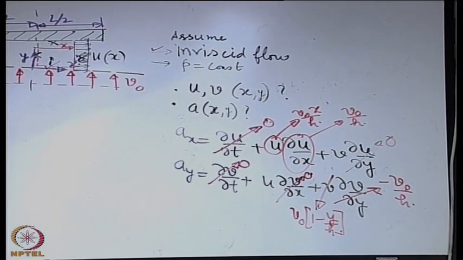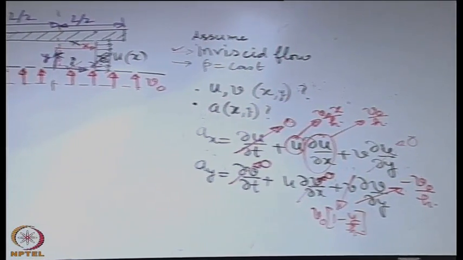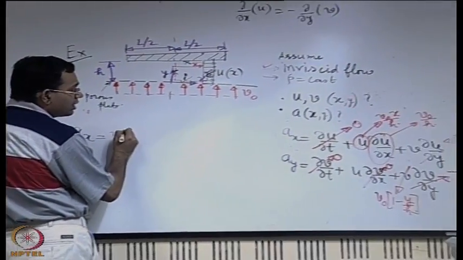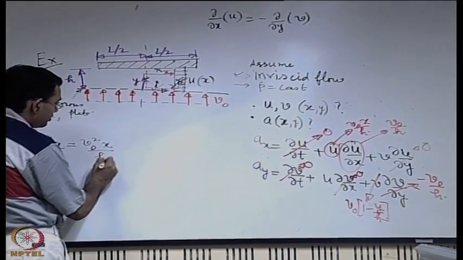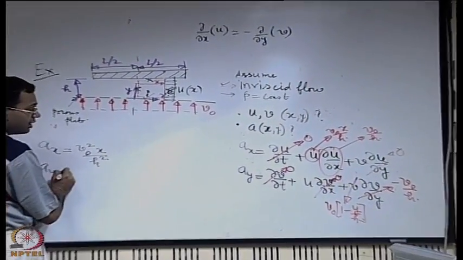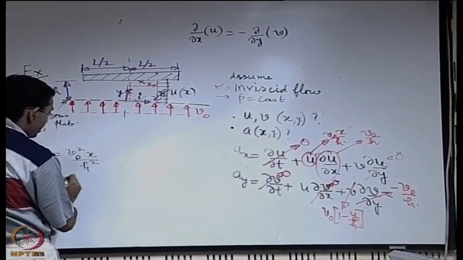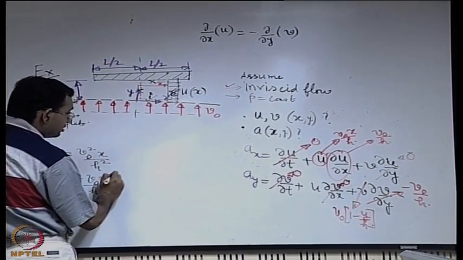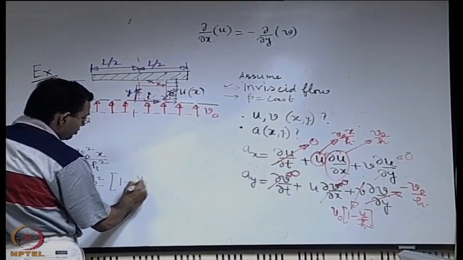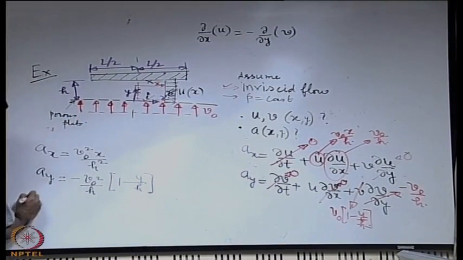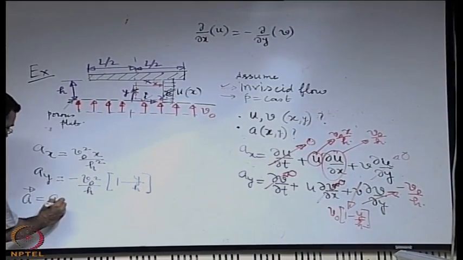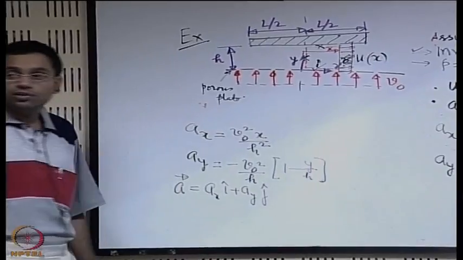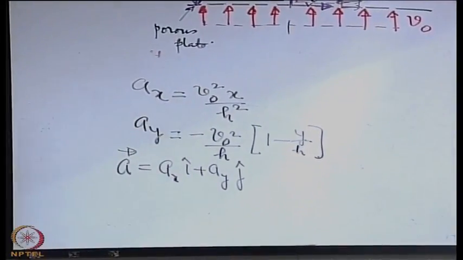So you have a final concrete expression for the acceleration components along x and y. The acceleration component along x is v0 square x by h square, and the acceleration along y is minus v0 square by h into (1 minus y by h), and the acceleration vector is ax i plus ay j, which is a function of both x and y.